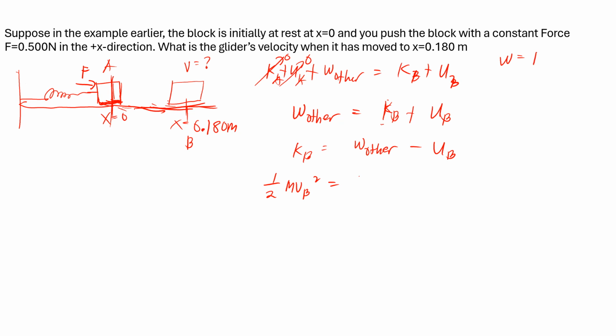Work is equal to force times distance, or force times delta x, minus the potential energy at point B, which is 1/2 k xB squared.